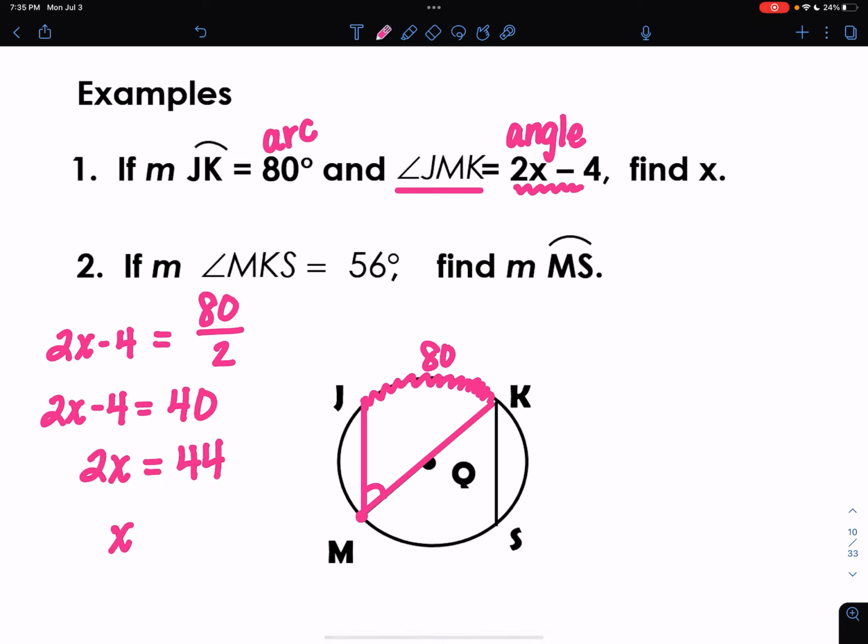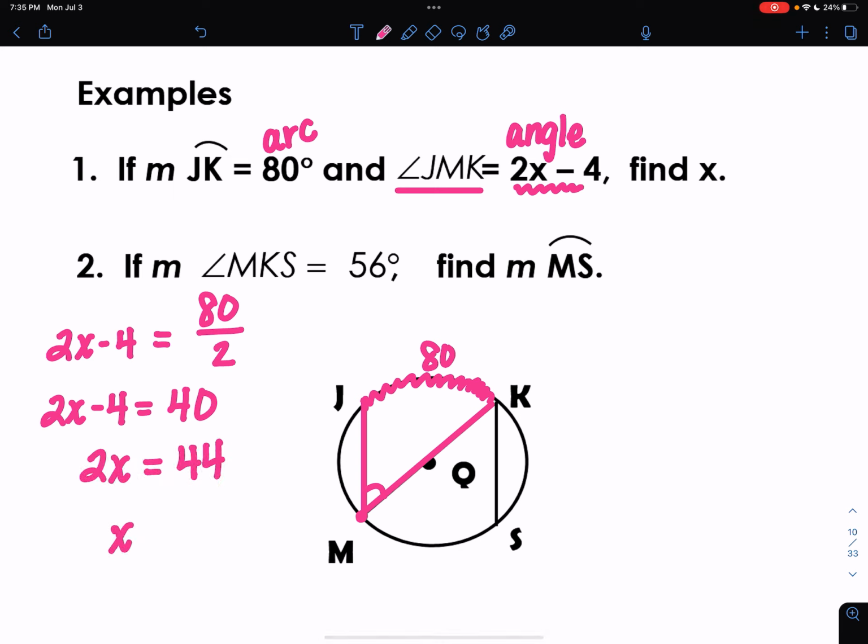Right, so that was the first one. Let's take a look at number 2. This time they tell us the measure of angle MKS is 56, and they want us to find the measure of arc MS. Remember we said we could do 2 times the angle equals the arc.